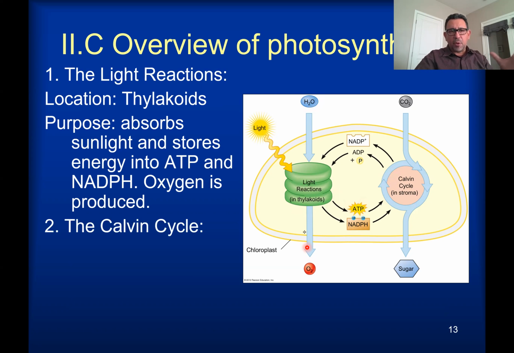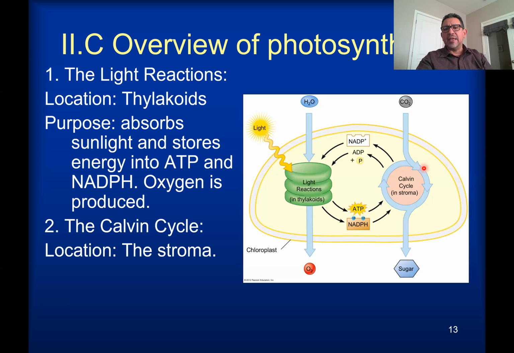This is important because the light reactions provide the energy and the electrons necessary to run the Calvin cycle. The Calvin cycle, I'm just going to mention it right now in passing, takes place in the stroma. The stroma is that thick, jello-like fluid inside of the chloroplast.